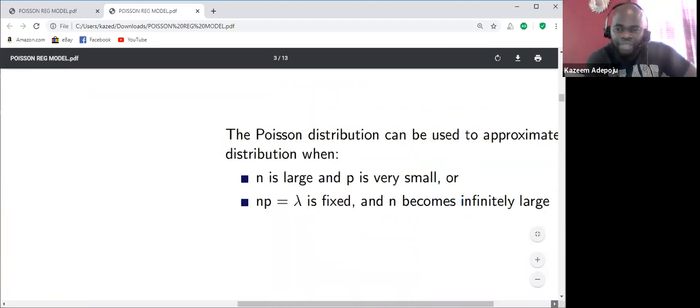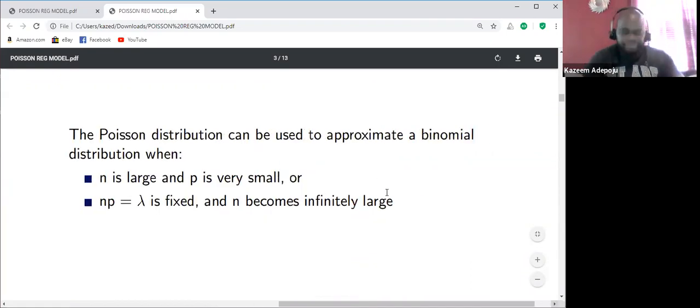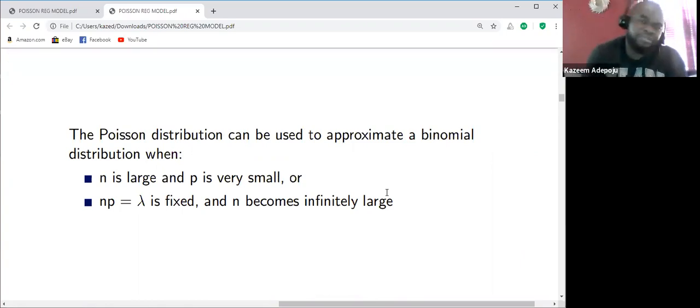Now, another thing that I want you to know is that from a linear regression model, we transform it to give us a logistic regression model. And you know the probability distribution for the logistic regression model is binomial. I can actually go from binomial to Poisson distribution.